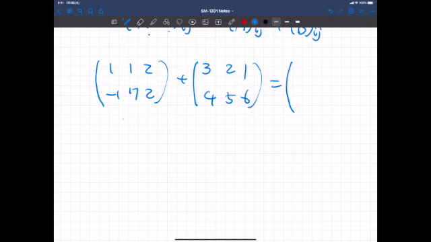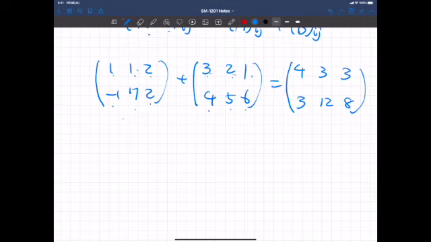So 1 plus 3 is 4, 1 plus 2 is 3, and 2 plus 1 is 3. Negative 1 plus 4 is 3, and 7 plus 5 is 12, and 2 plus 6 is 8. So we simply add each corresponding element.